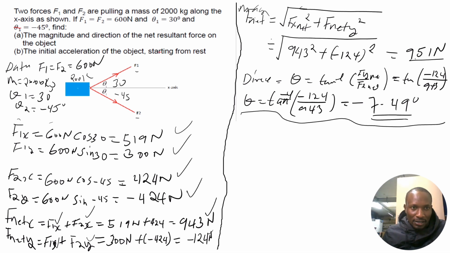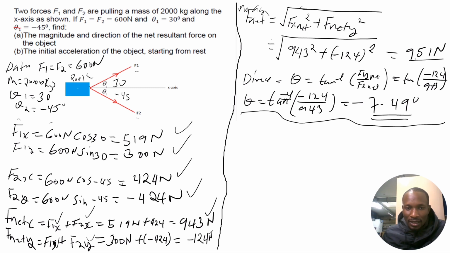The second part says the initial acceleration of the object starting from rest. So for us to get the initial acceleration, remember we can look in both direction x and y, or in each component.